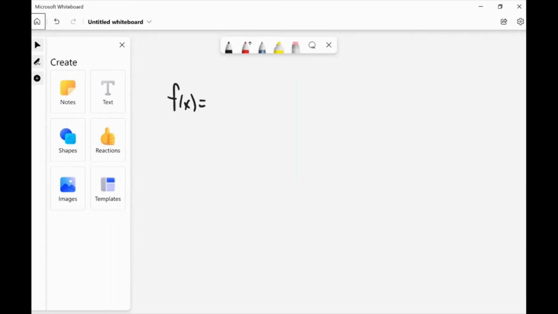So f of x equals x squared minus x minus 2 over x minus 1. Let's talk about asymptotes first. What would you do first? I'll say, what are the asymptotes?